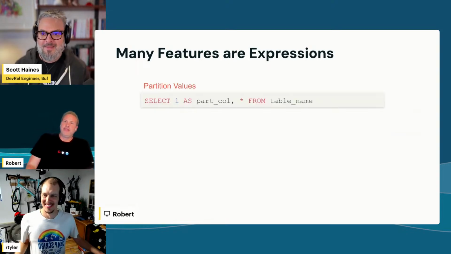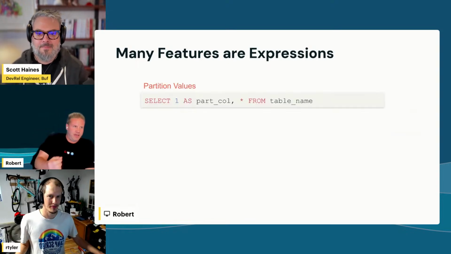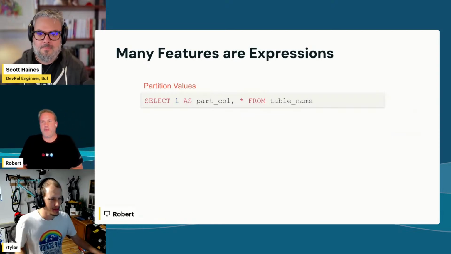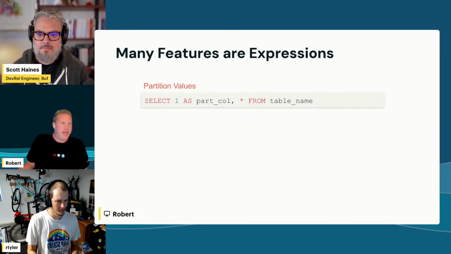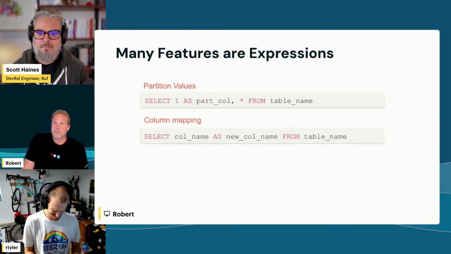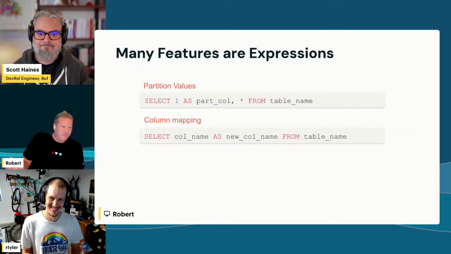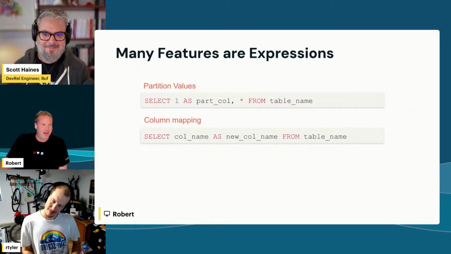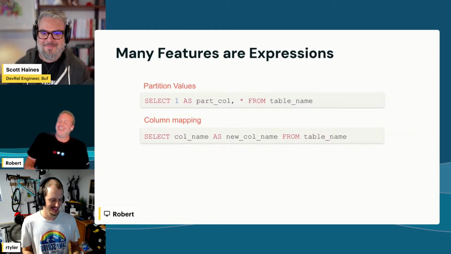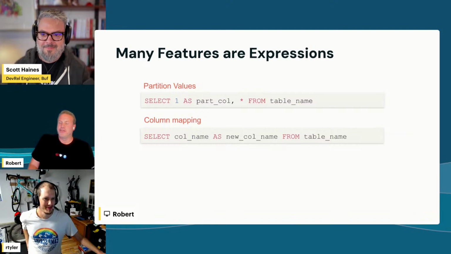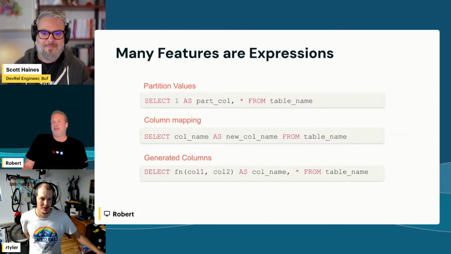So if we look at partition values, that is one feature that table formats have. We can express that as an expression written in SQL. Column mapping, we'll get into that, is one of the more anticipated features in Delta-rs, but part of Delta. It is also fairly simple to express as an expression in SQL.